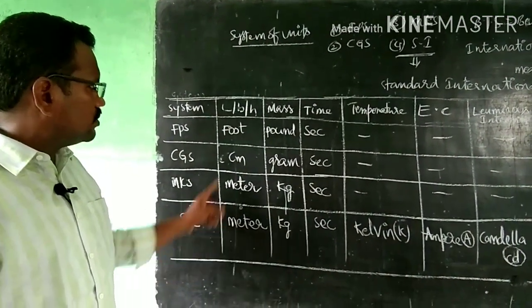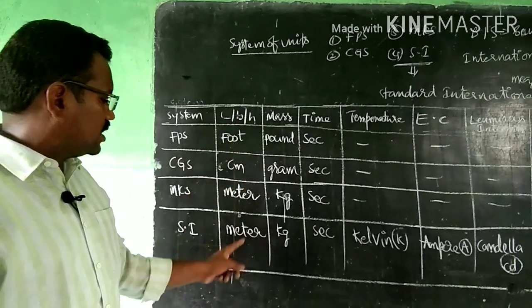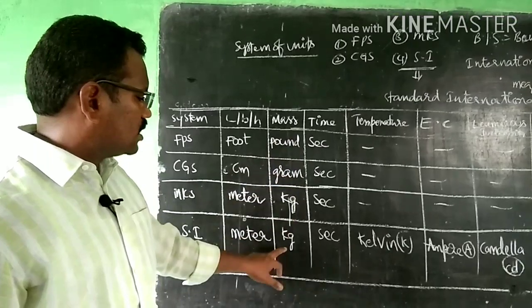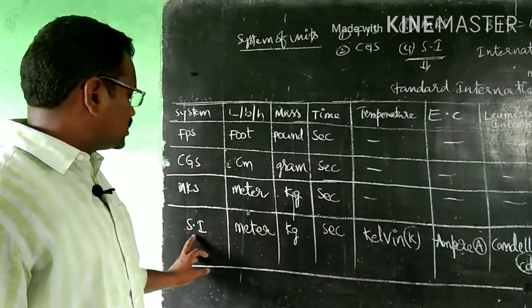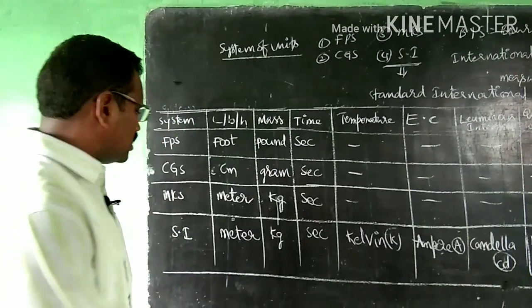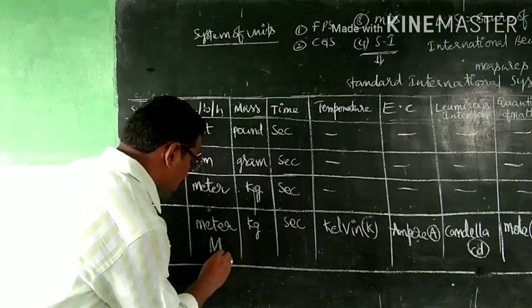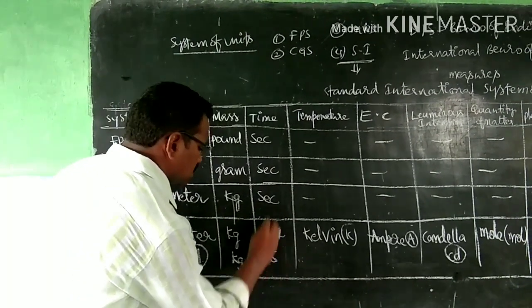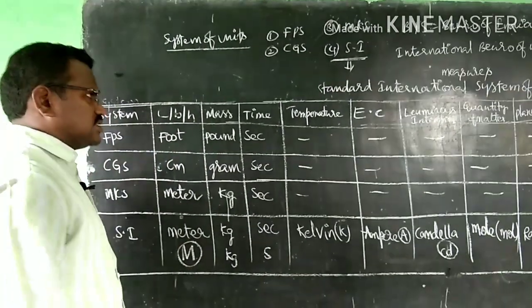The unit of mass is kg. The unit of time is second. Here, meter is represented by letter m, kg is always kg, second is represented by letter s.